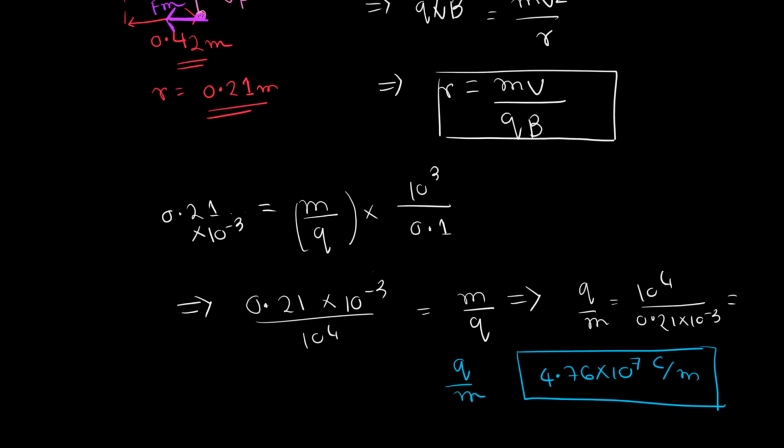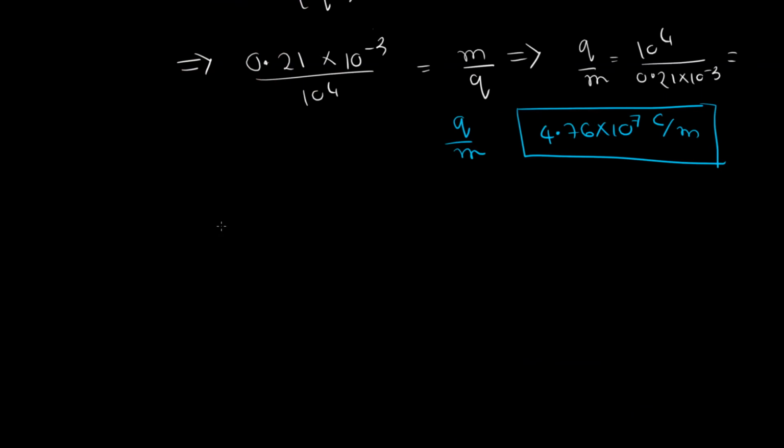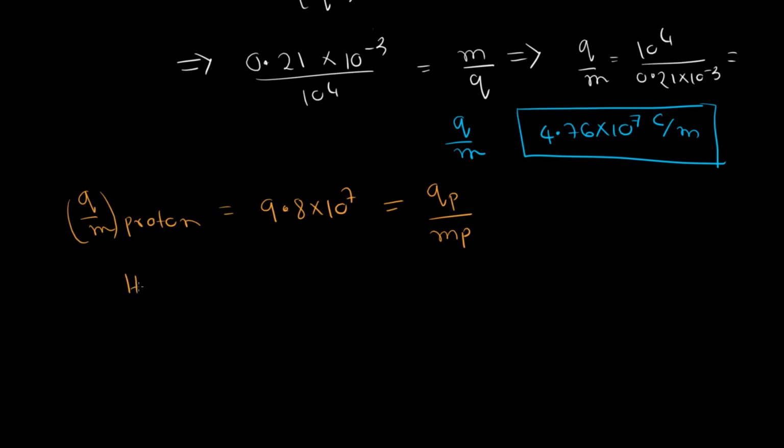Now how do we understand what the particle is from this? Well, it's pretty easy. It's given that q by m of a proton is equal to 9.8 into 10 to the power 7, right? So what is it? Q of proton by mass of proton. Now what is q by m of helium plus?